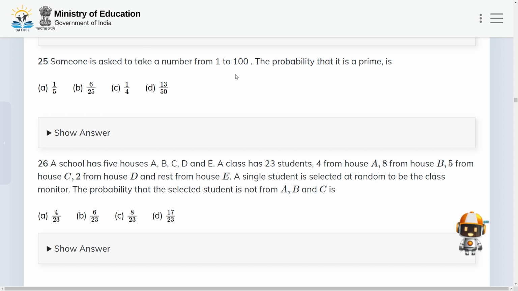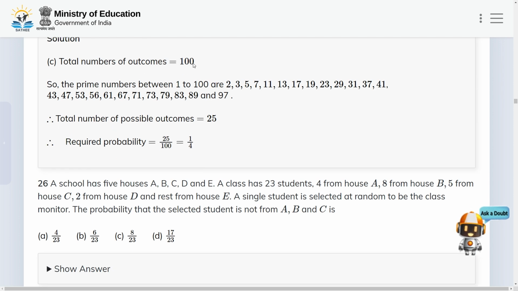Here the total number of outcomes is 100, and the prime numbers between 1 to 100 are 2, 3, 5, 7, 11, 13, 17, 19, 23, 29, 31, 37, 41, 43, 47, 53, 59, 61, 67, 71, 73, 79, 83, 89, and 97. These are all the prime numbers that lie between 1 to 100.